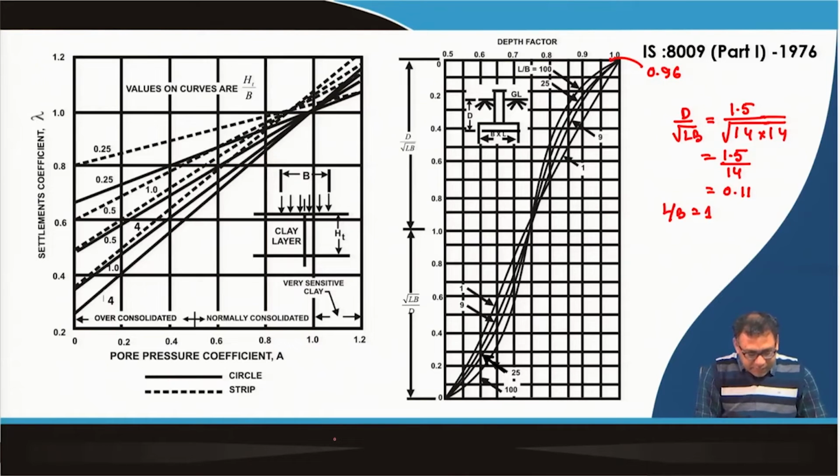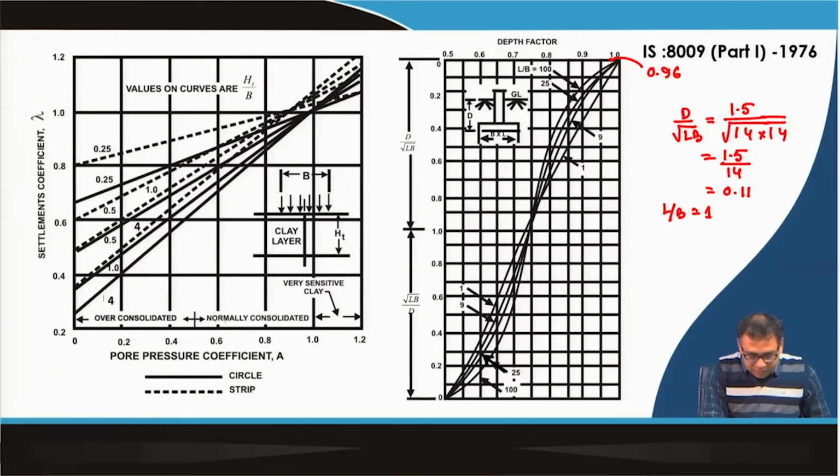So, that correction factor you can see that for normally consolidated soil. So, this is the normally consolidated soil range, because here A value is not given, and during my class I have discussed that if nothing is given, then for normally consolidated soil you can take 0.7 as the correction factor for pore water pressure.